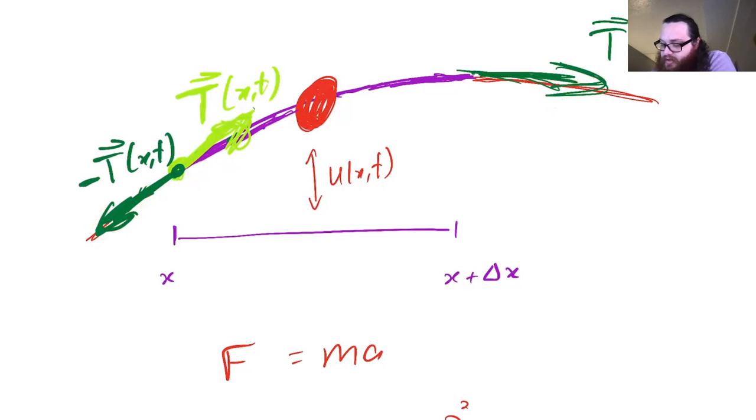But one of the assumptions we're making is that the displacement of this segment of string is only vertical. The string's only going to move up and down. If you zoom in and look at the actual material or continuum, those individual particles are only going to move up and down, and there's no horizontal motion to accompany that.